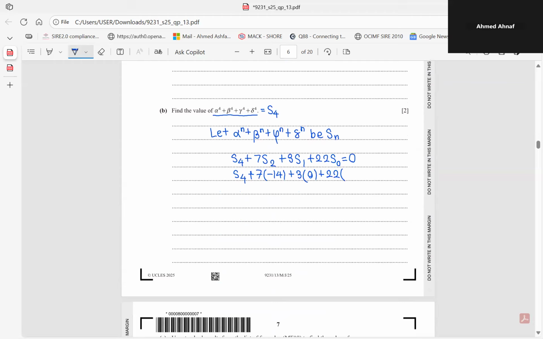And this will be plus gamma squared squared, which is gamma to the power 4, plus 2 gamma squared r plus r squared. And then finally, we have sigma squared squared, which is sigma to the power 4 plus 2 sigma squared r plus r squared. Okay, so let's group all the terms with the same power. So alpha to the power 4 plus beta to the power 4 plus gamma to the power 4 plus sigma to the power 4.